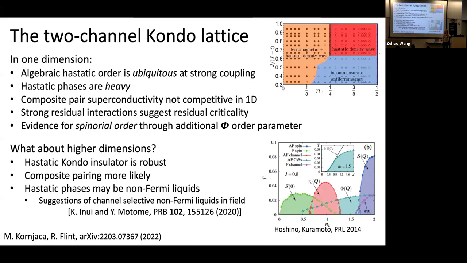Any comments about the properties of the lattice at finite temperature? Anything we can simulate, like the entropy or the specific heat? Yeah, I don't know. That's a good question.